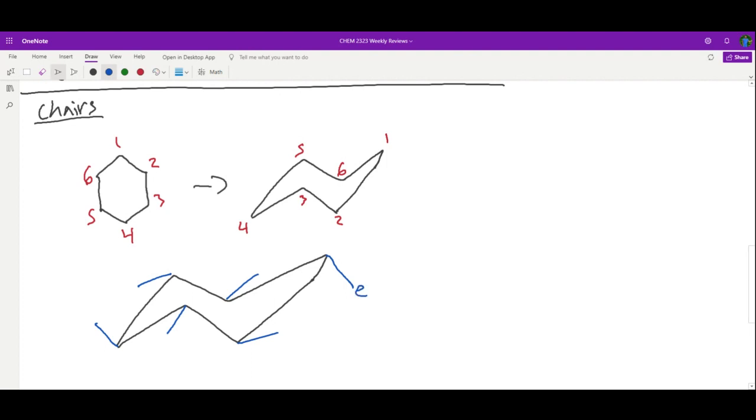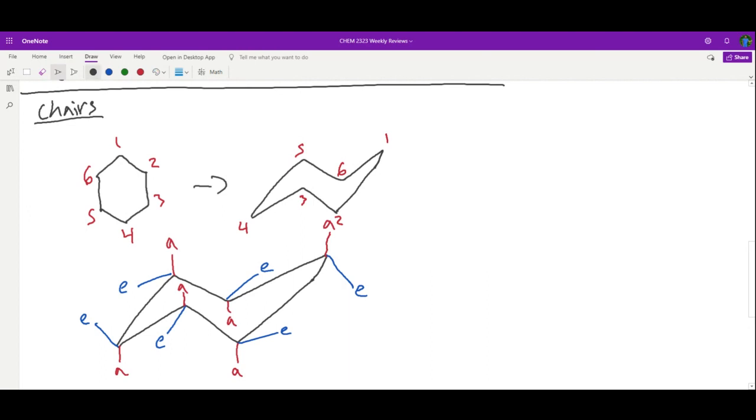We abbreviate it with E. And then the straight way is called axial. So it's just straight up and down. You can use this as a template. I recommend you write this in your notes somewhere so you can always refer back to this.